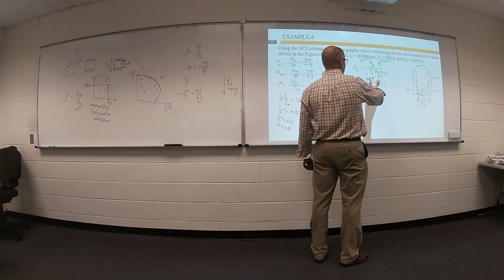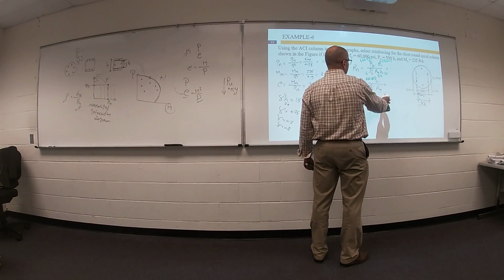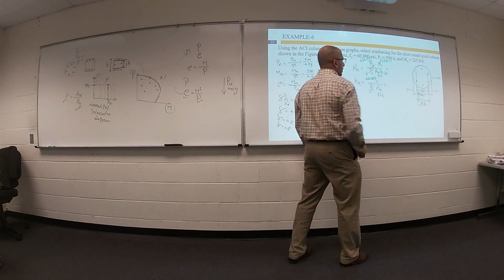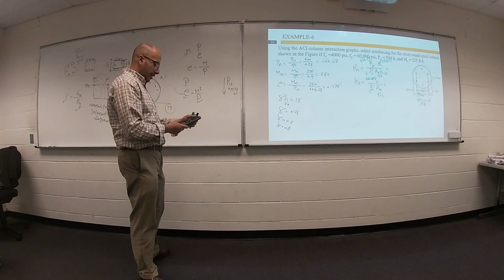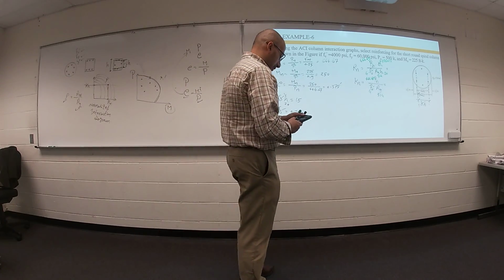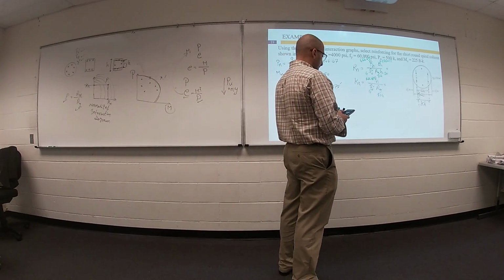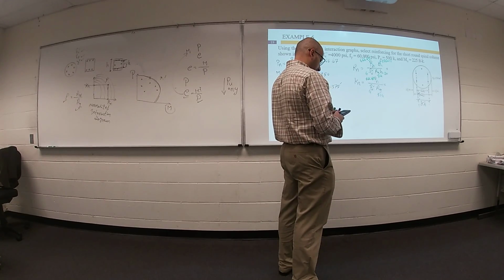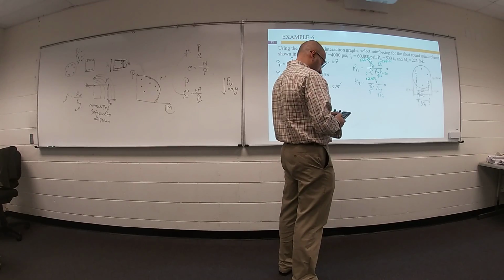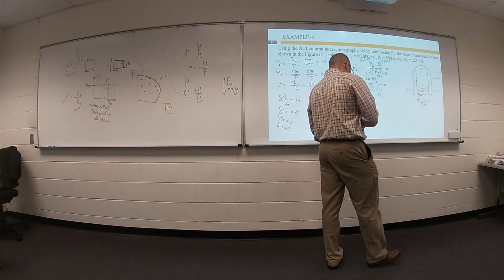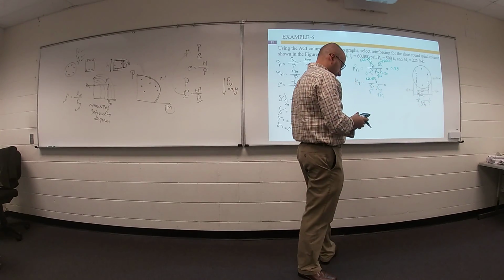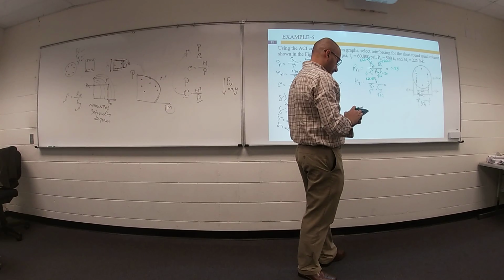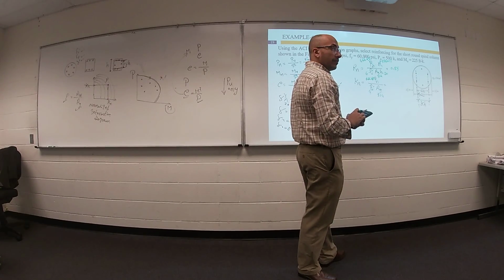Pn 666.67, f'c 4, area gross 314. What's this value and what's this value? This one will be 0.85. I got 0.12 for Rn. 0.12, yeah.